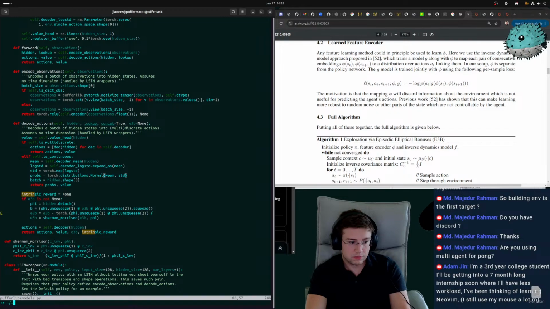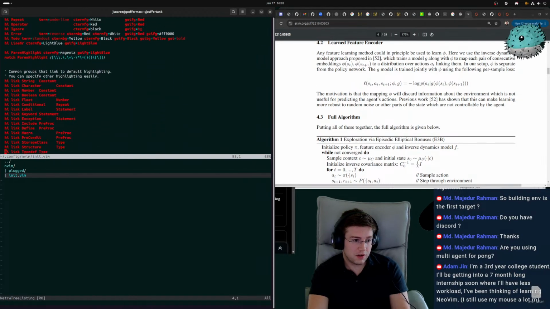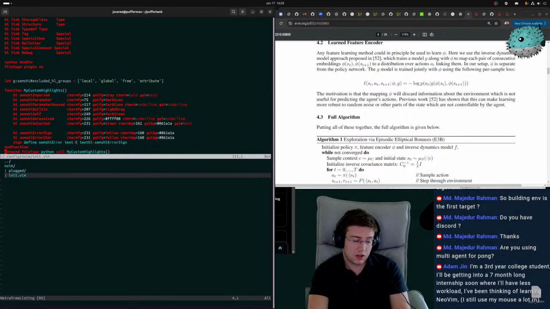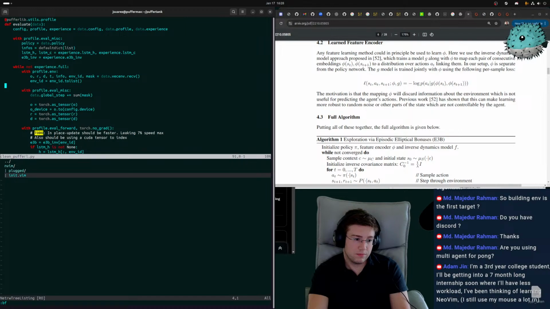Here. This is my whole config here, okay? I got Super Maven. I got Semshi. That's it. I got 2 plugins. The rest of this stuff is just custom color theme. I got a couple little options set and that's it.